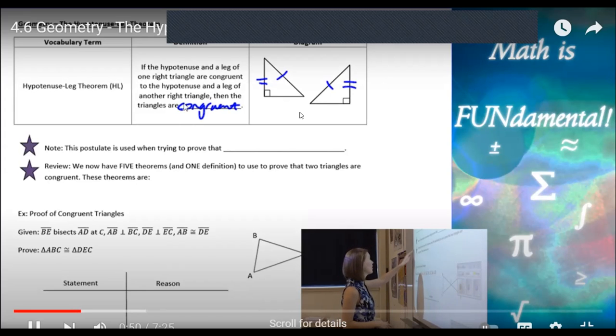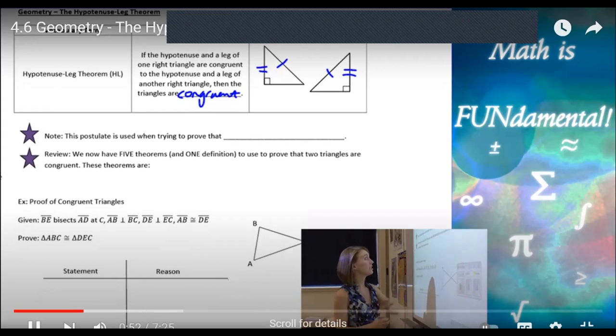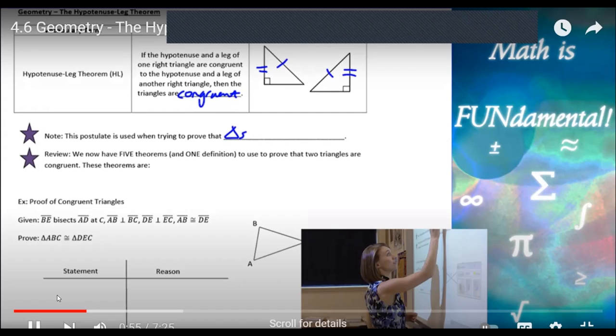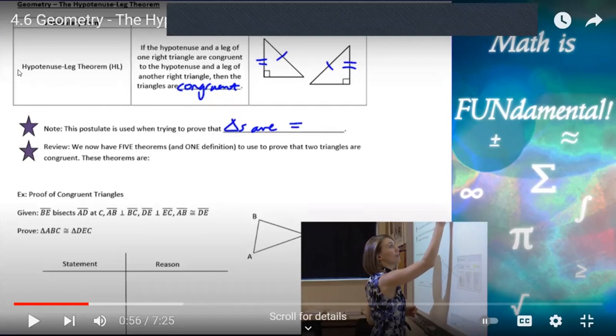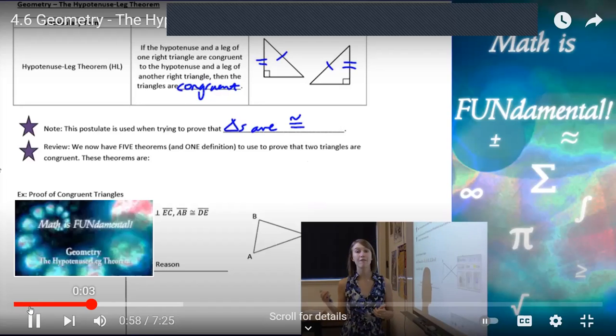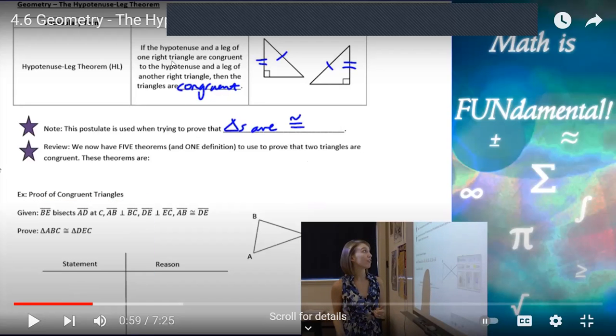All right, so let's look at a little bit of a note. This postulate is used to prove that triangles are congruent. The hypotenuse leg theorem: if the hypotenuse and leg of a right triangle are congruent to the hypotenuse and leg of another right triangle, then the triangles are congruent.